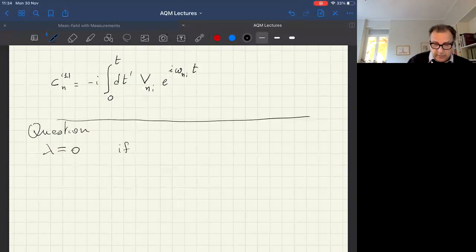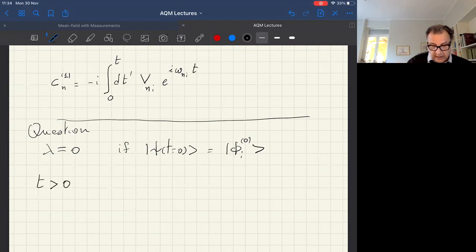If you prepare the state psi at the initial time in phi 0 I, at later time, after some time, what is the probability that the system is in the eigenstate I?